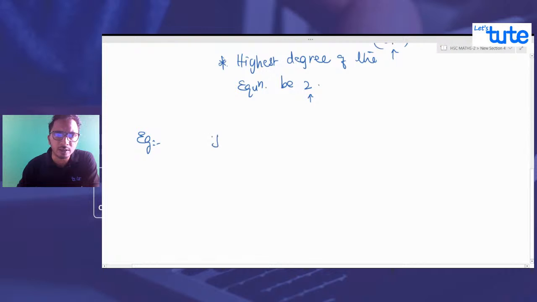Let me write here: this is John and Jivanti, and the marbles. Totally both of them have 45 marbles. There are 45 marbles, but it is not informed how many marbles John has and how many Jivanti has.